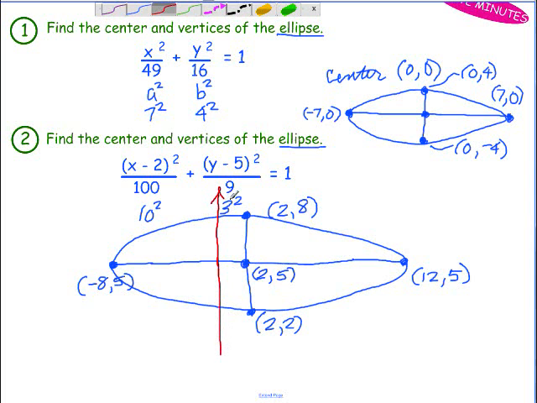There's my y-axis. And I have to go up 5, so that puts my x-axis right about here. It's really easier to put these on a coordinate plane after you've figured out their shape from the center.